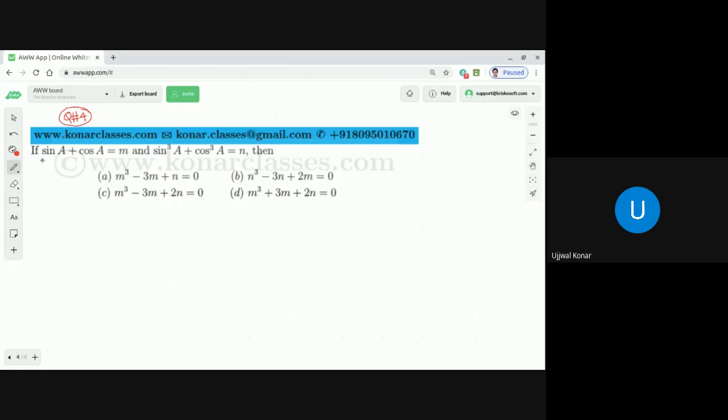So it is given that sin A plus cos A is equal to M. So I'll start with this. And from the options you can get some idea.